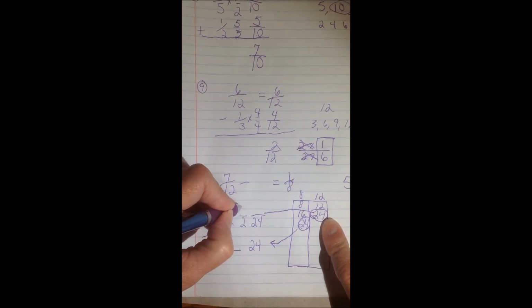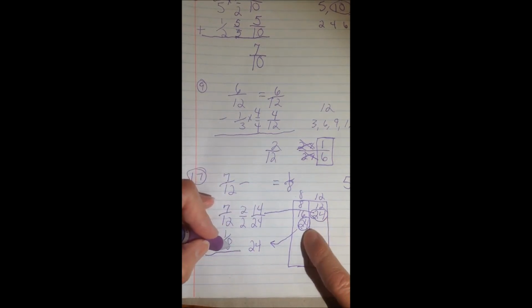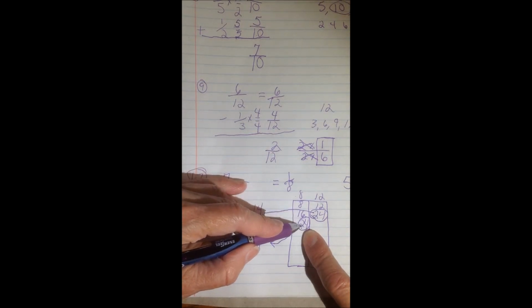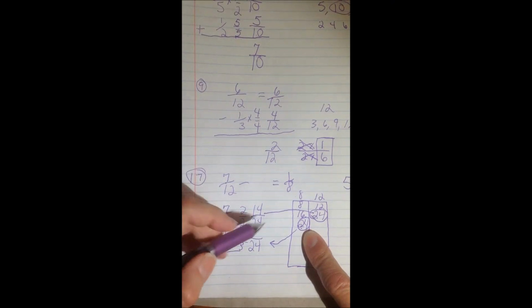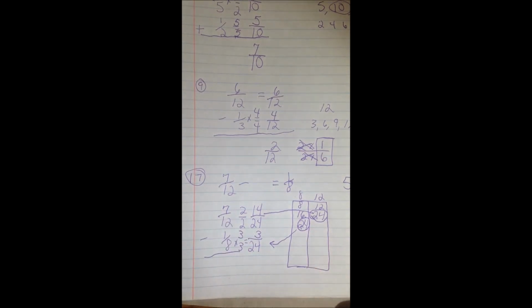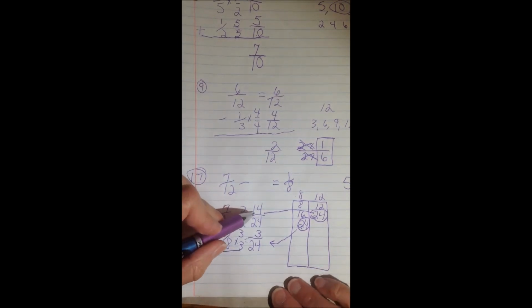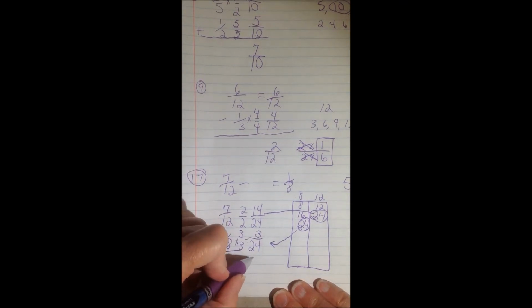If I do it downstairs, I have to do it upstairs. 7 times 2 is 14. Now, 8 times 1, 2, 3 is 24. So 1 times 3 is 3. Now I can subtract. 14/24 minus 3/24 is 11/24.